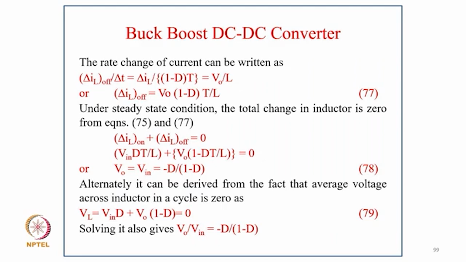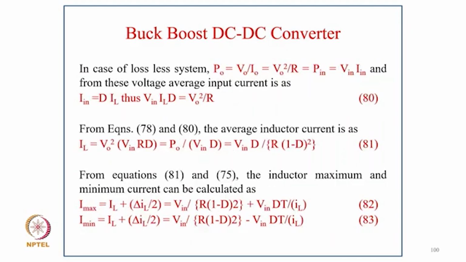Alternately, it can be derived from the fact that the average voltage across the inductor over a cycle is 0. So VL equal to Vin D plus VO(1 minus D) equal to 0, or VO/Vin equal to minus D upon 1 minus D. So in case of a lossless system, PO equal to VO IO, that is VO squared/R, equal to Pin equal to Vin Iin, and the average input current is Iin equal to D times IL, and Vin IL D equal to VO squared/R.